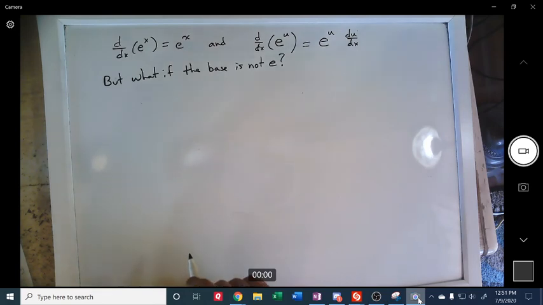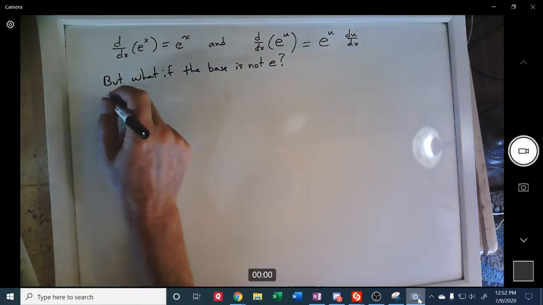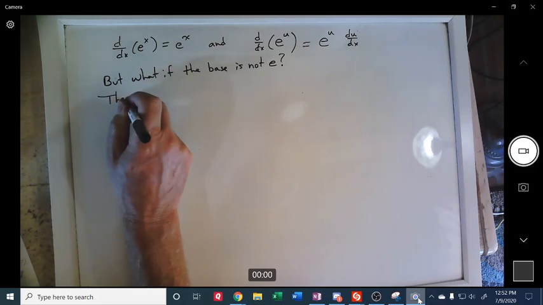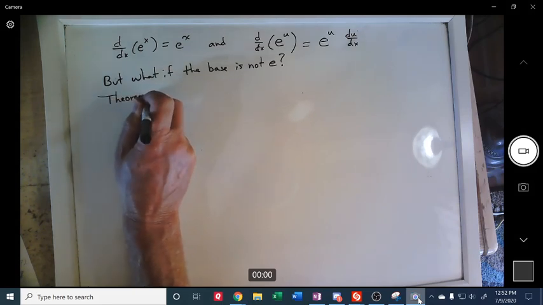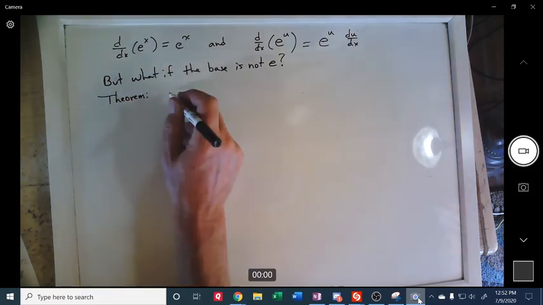And the thing is we don't need to adjust these theorems. We can just force any base to be e. And when you force the base to be e, everything will work out right. And when you do that, we will wind up coming up with a theorem that'll look like this.